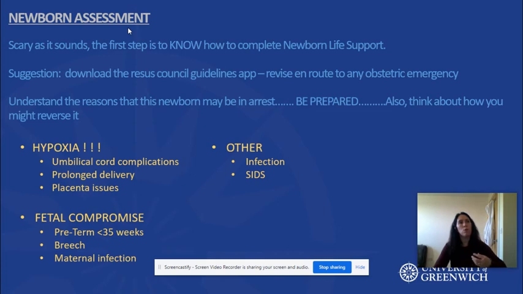So if you're very confident and aware about obstetric emergencies and you know your stuff about placental emergencies, you might be able to see that as a potential for the baby coming out hypoxic if you've diagnosed placenta previa, for example. You will learn about that in a later chapter.